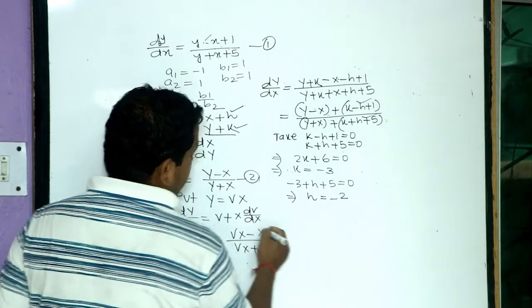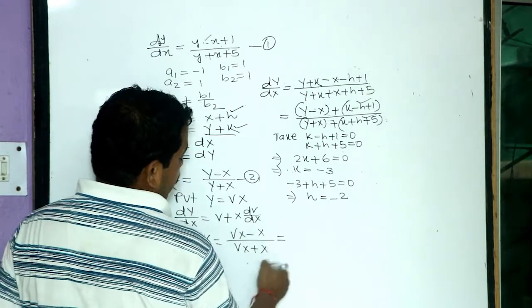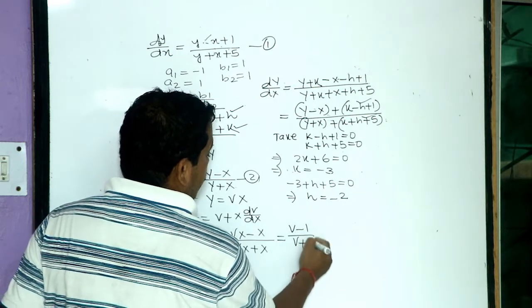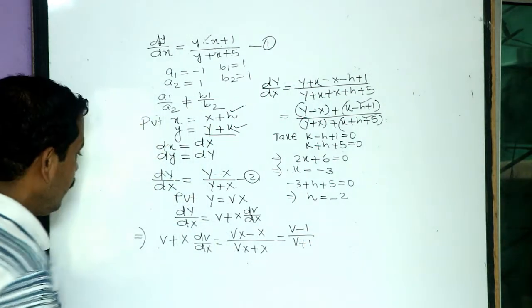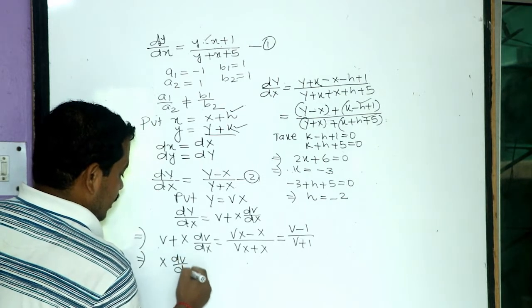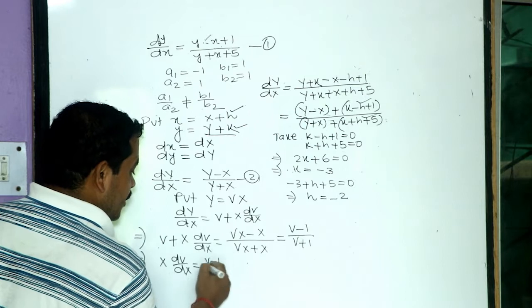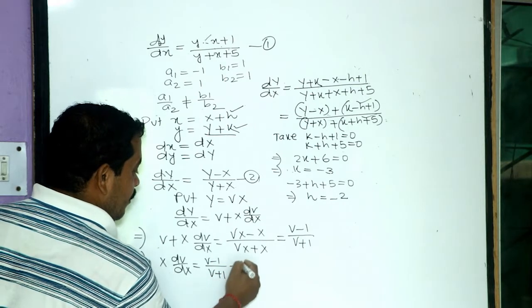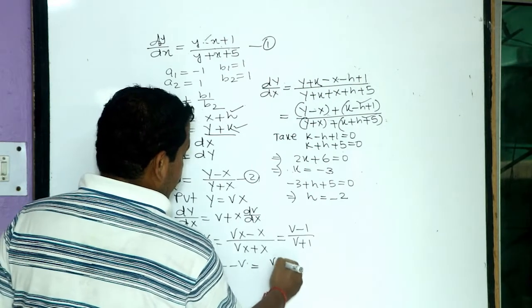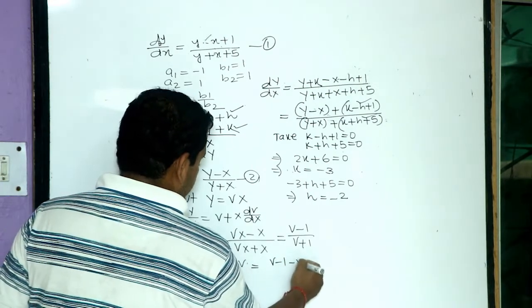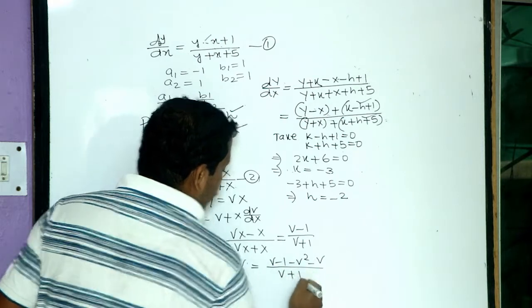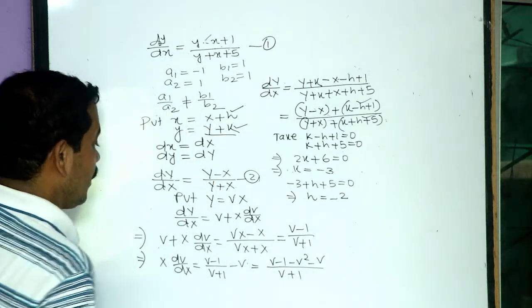Now cancelling the term X in numerator and denominator, the right hand side becomes v minus 1 by v plus 1. Now X dv by dX equals v minus 1 by v plus 1 minus v. Then after simplification, it will be v minus 1 minus v square minus v by v plus 1.